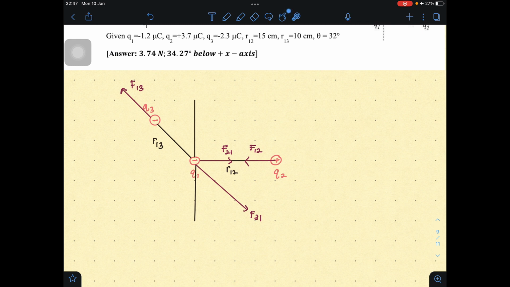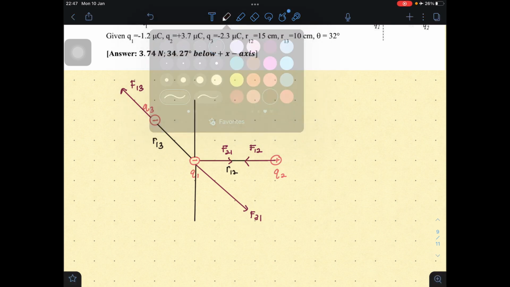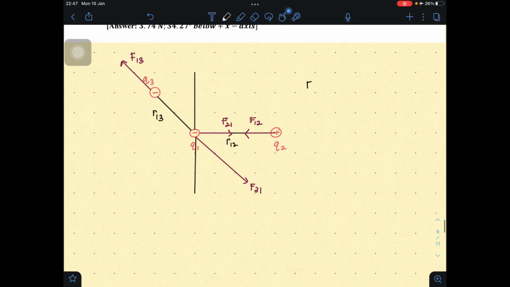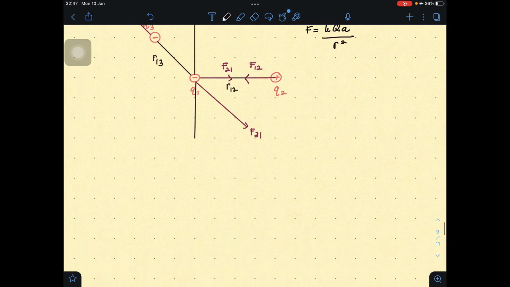Okay, so first thing we need to do, we need to find the magnitude of F21 and F31 using Coulomb's law. So keluarkan formula untuk Coulomb's law. F is equal to KQ divided by R square.